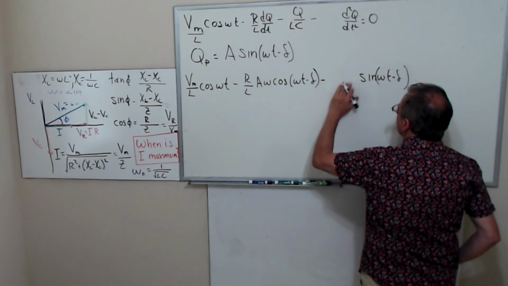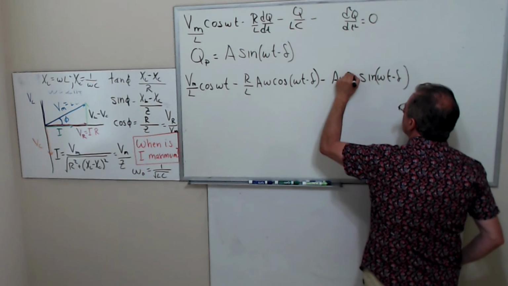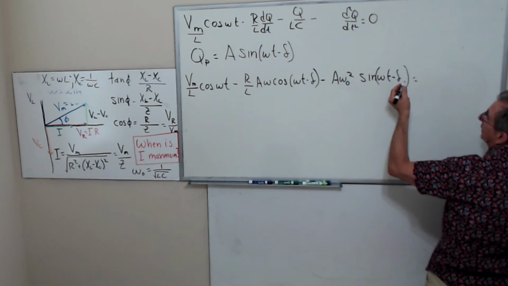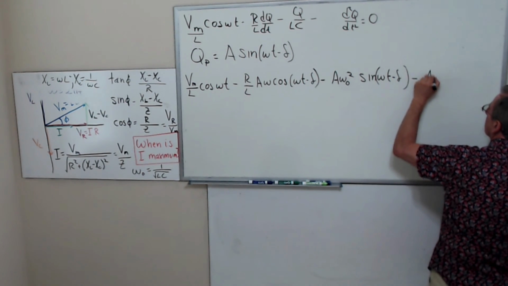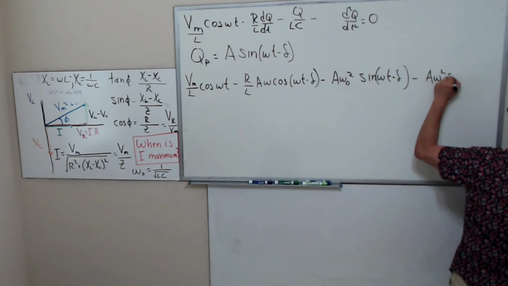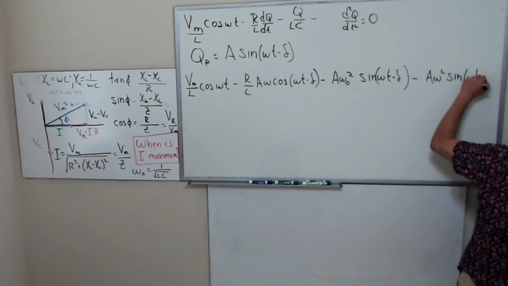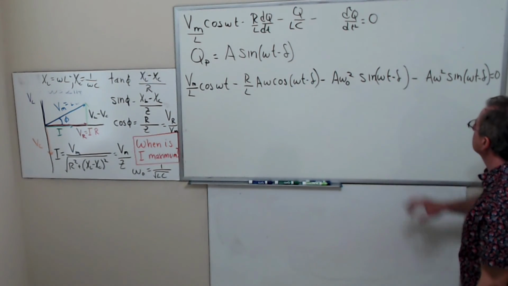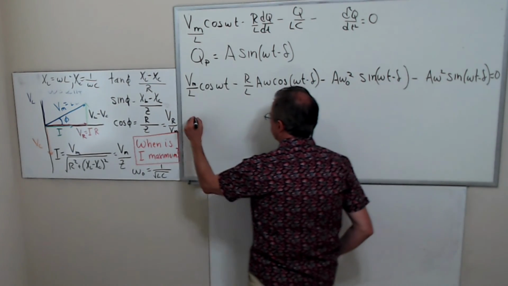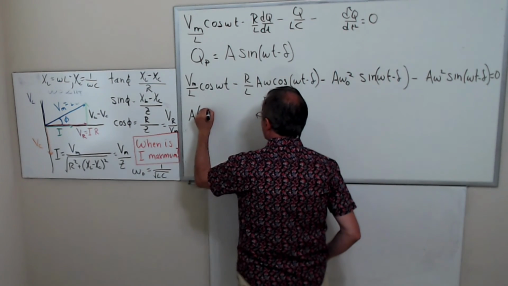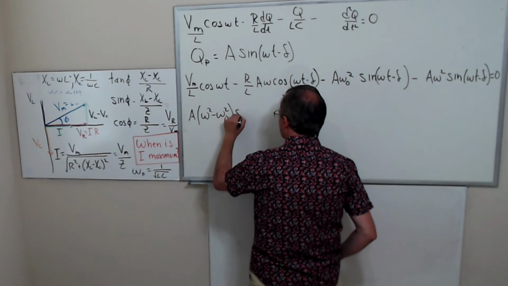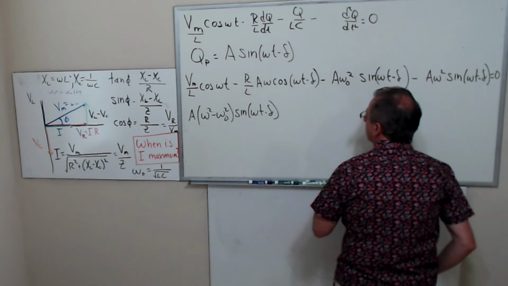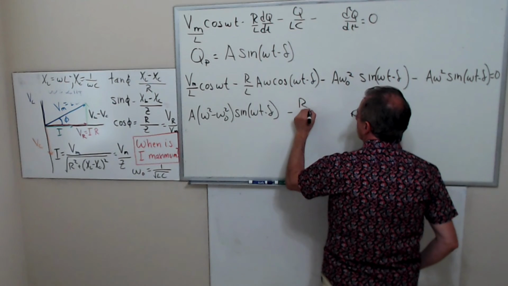So can I just put A times omega naught squared? And then the last term, if I differentiate twice, I'm going to get the same function again. Let me collect these two terms, and then write the rest out.